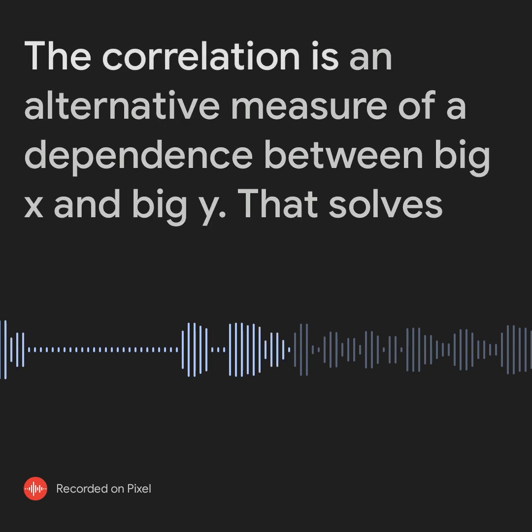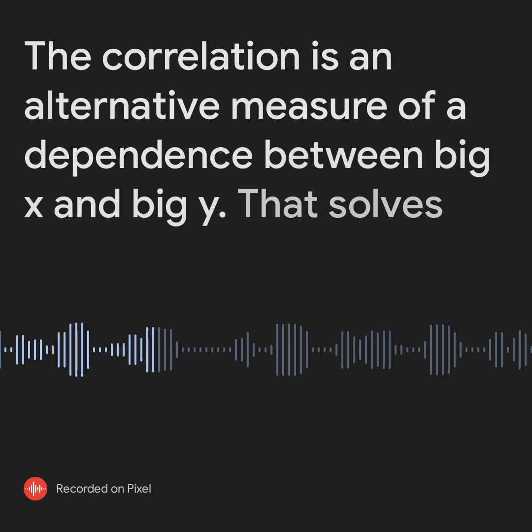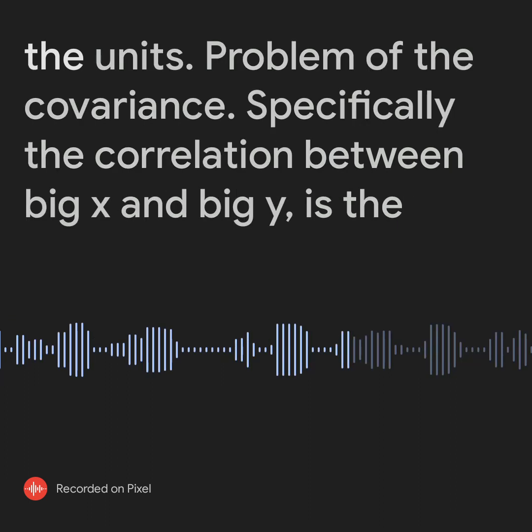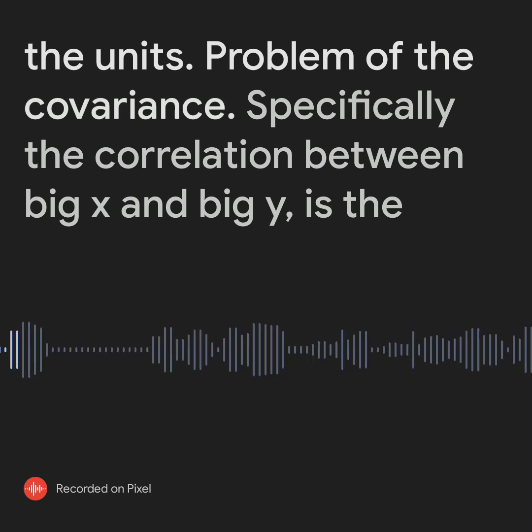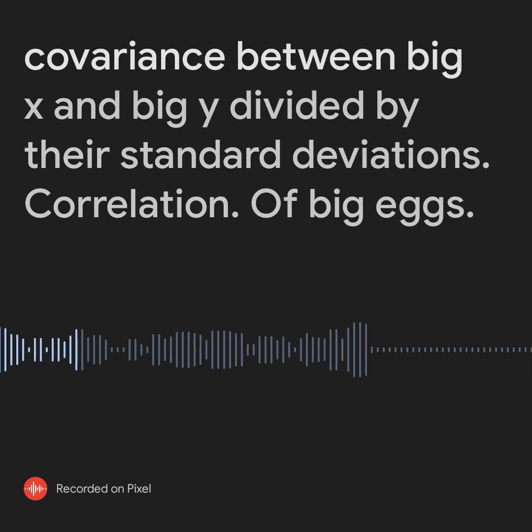The correlation is an alternative measure of dependence between X and Y that solves the units problem of the covariance. Specifically, the correlation between X and Y is the covariance between X and Y divided by their standard deviations.